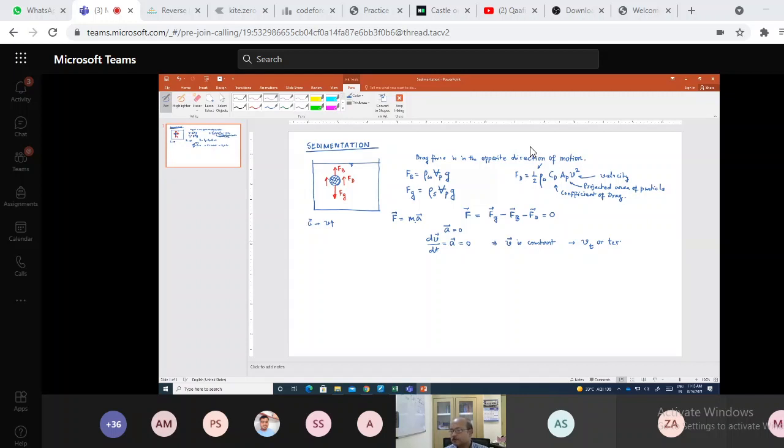When the terminal velocity is achieved, the resultant force equals 0. That gives me Fg equals Fb plus Fd. Now put in the numbers here: this is rho s Vp into G, and this is rho W Vp into G.